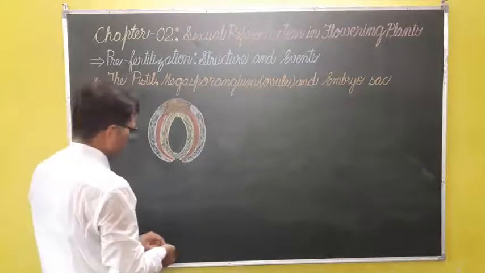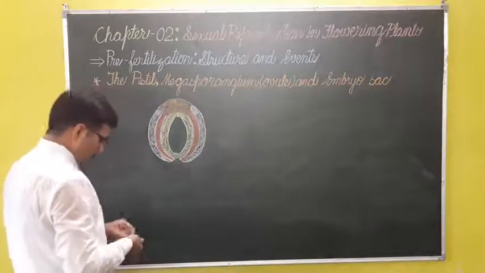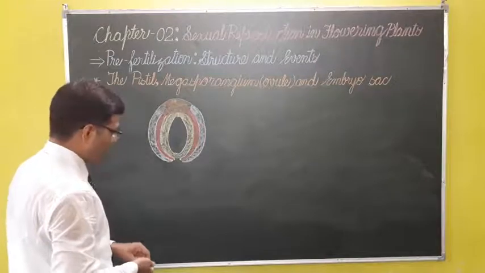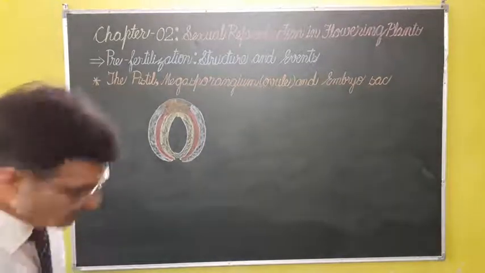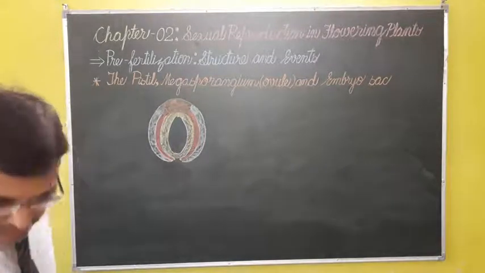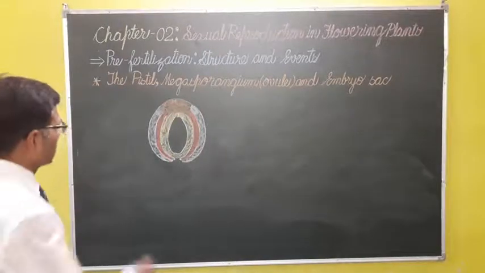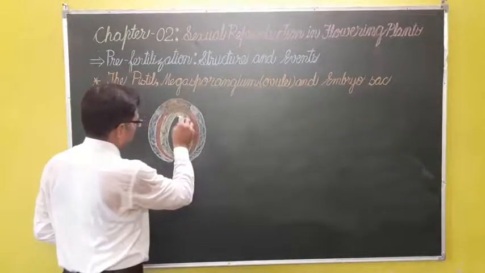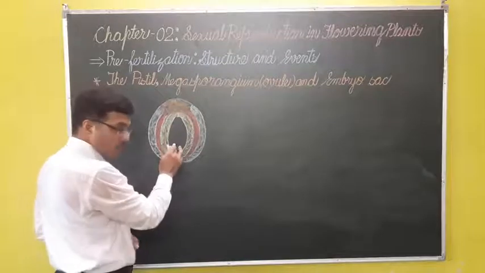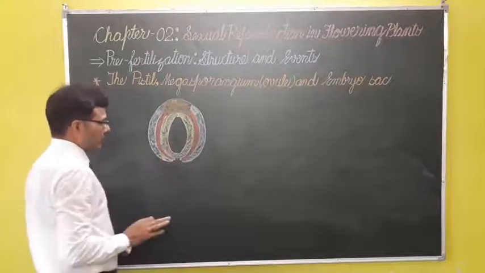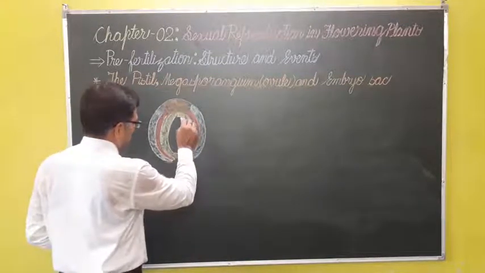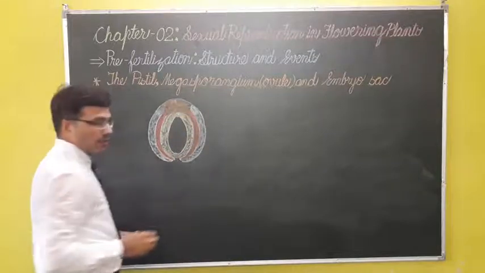Now inside this portion, this oval circle which we are observing right now, is actually the female gametophyte or embryo sac.